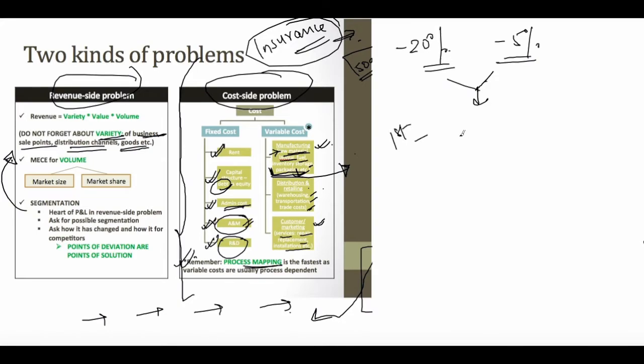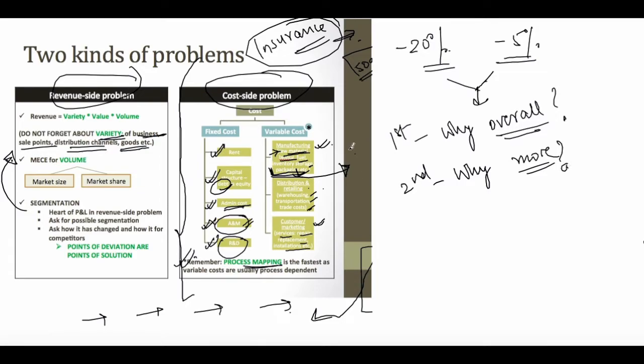First, understanding why overall the industry is suffering, and second, why you are suffering more. So first I will look at why the -5% exists overall, and then why I am suffering the most. Make sure that you realize when your problem has bifurcated into two problems. This is a very usual case that you can encounter in a P&L problem.